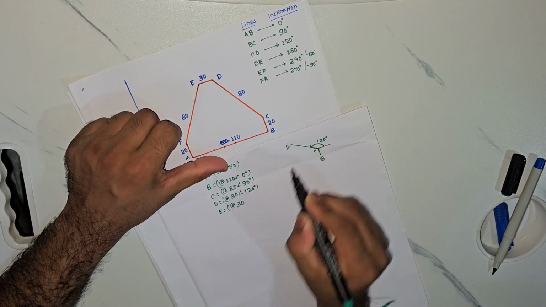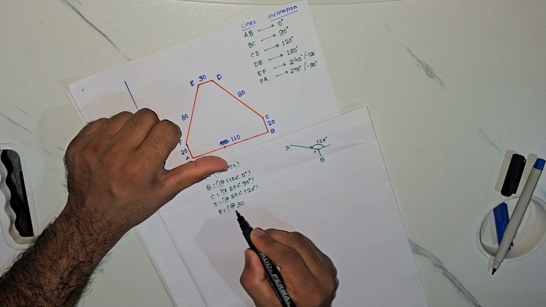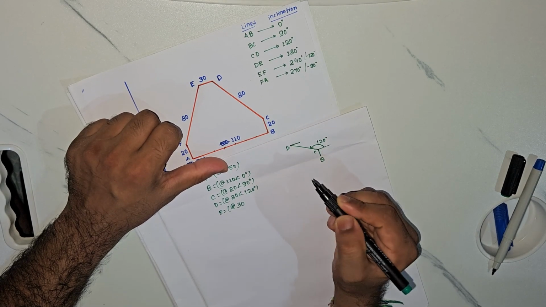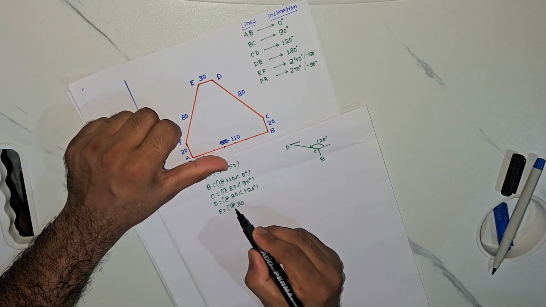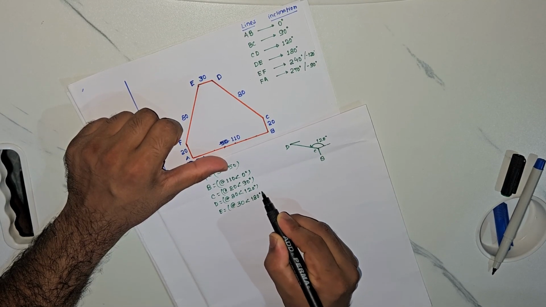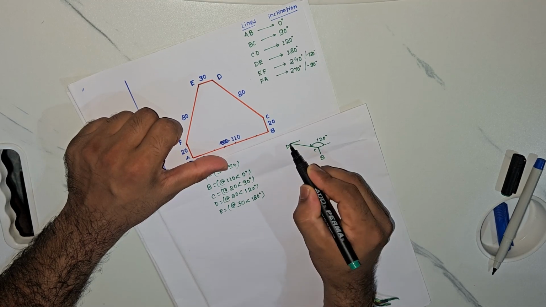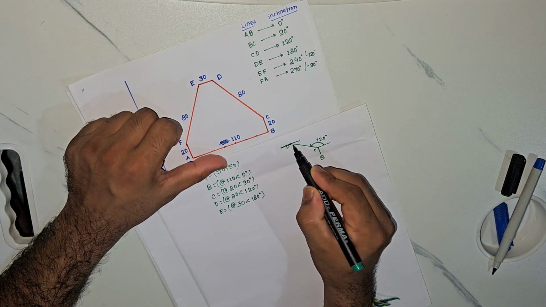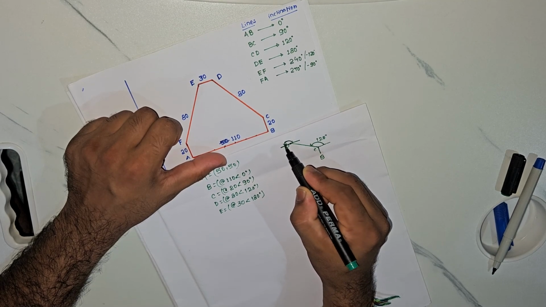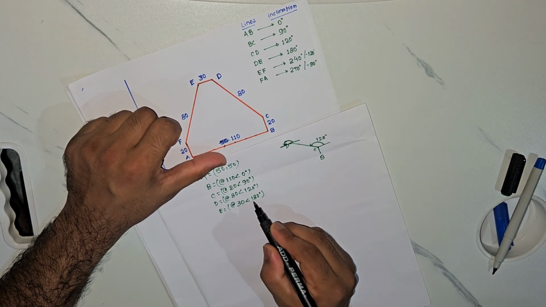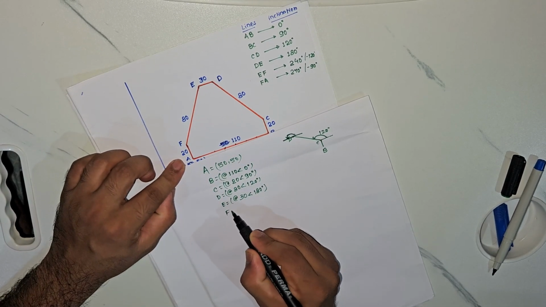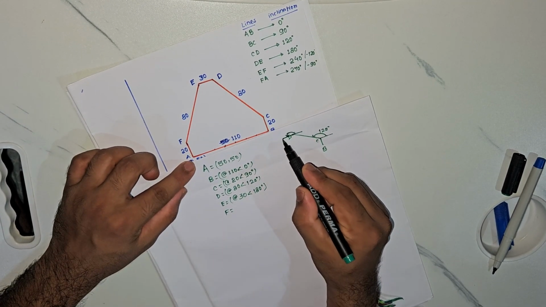Suppose this is D. If I enter the distance 30 and the angle 0 degrees, then it will move like this. But if I enter @30 and the angle 180 degrees, then it will move like this in the left direction, because the angle will always be calculated anti-clockwise if I am giving the positive. Now for F, the angle is something like this.